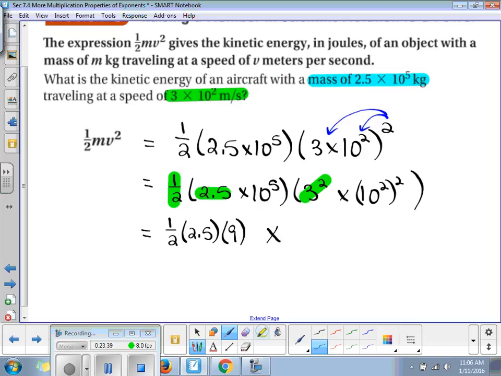Times, now we're going to multiply the powers. So over here I'm going to put 10 to the 5th times 10 squared squared is 10 to the 4th. Very good. So one step at a time, right?